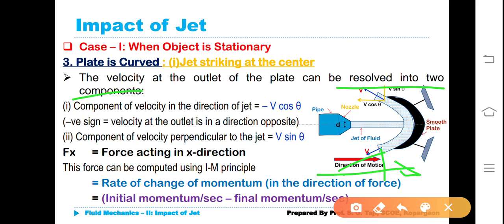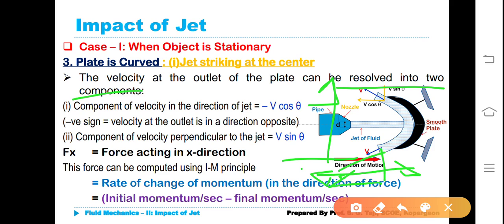If you make a triangle like this, then in this direction it will be minus v cos theta. Minus sign is taken because the velocity at the outlet is in the opposite direction. Component of velocity perpendicular to the jet, that is in y direction, is positive, whereas here it is negative.